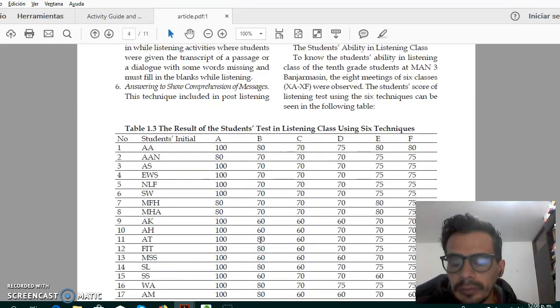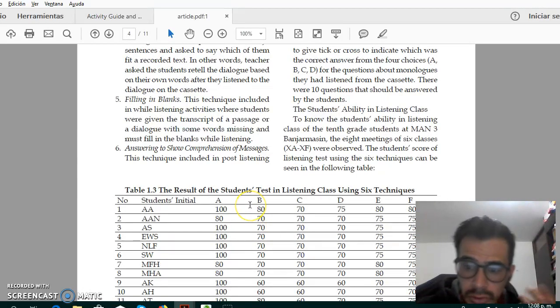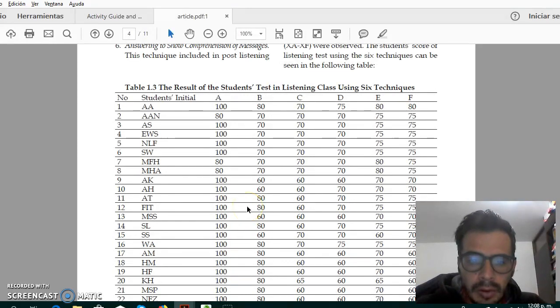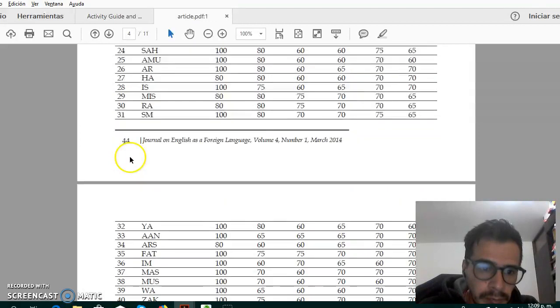These techniques are observed by the researcher, the writer. We can see here on a matrix the results of scores of each student: student number 1, number 2, number 3.